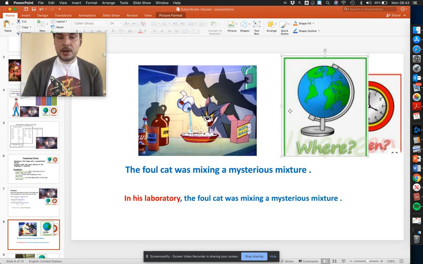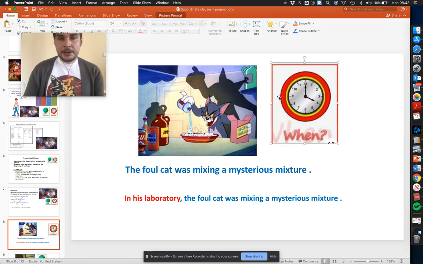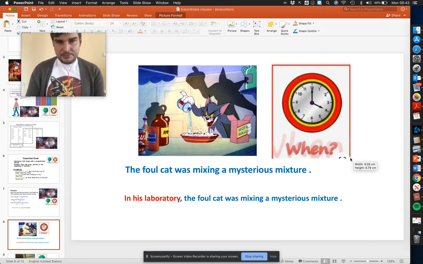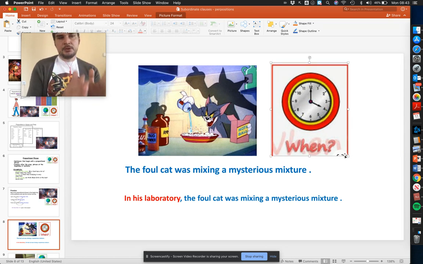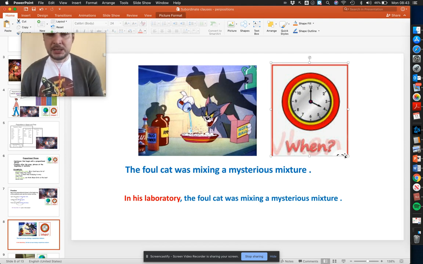Now, since we have where, I can also describe when, but once again, I'm not inventing a new sentence. All I'm adding is a prepositional phrase, where or when things are taking place. I could use a preposition to explain when the foul cat was mixing a mysterious mixture.